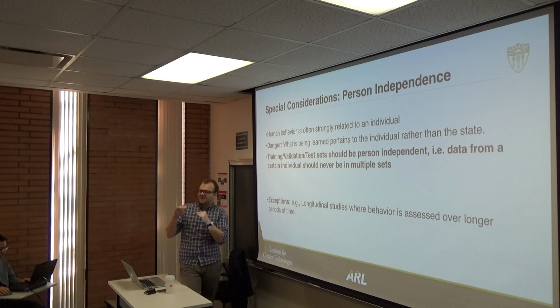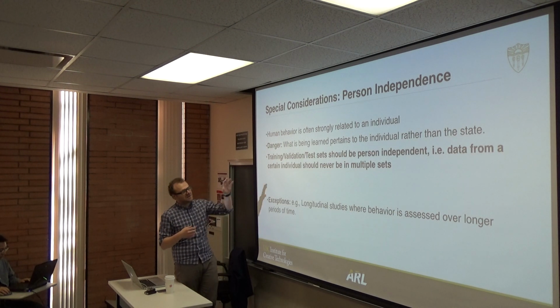So if I then scramble all my data points, I can make a lot of mistakes. For example, I could have my machine learning algorithm learn the hidden variables of how my voice sounds, rather than how my behavior generalizes to other people. So it would overfit on a person.